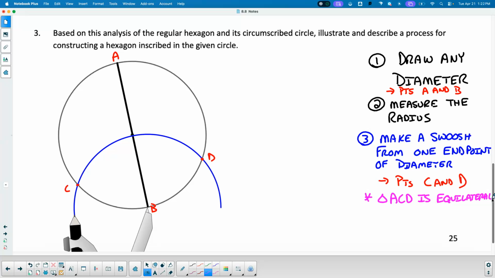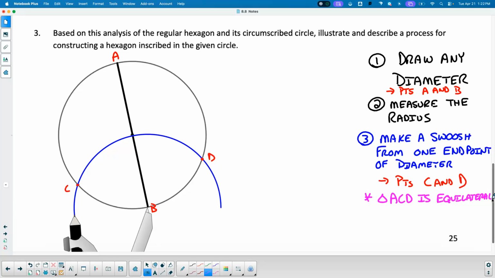So we've created one equilateral triangle. If we were to connect A and C, C and D and A, we would have an equilateral triangle. But we want a hexagon.